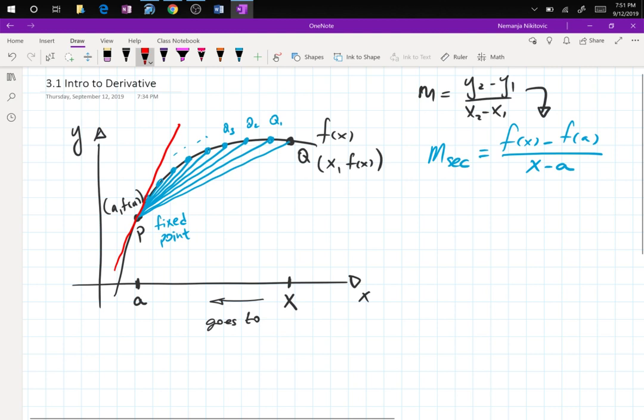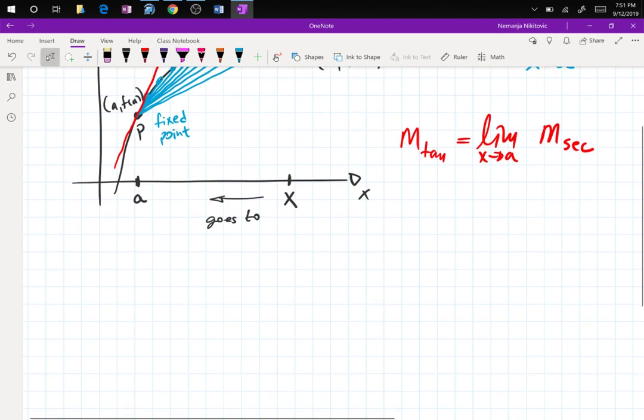As the blue lines move to the left, their final destination is the red. They can't go past that. So, to calculate the slope of the tangent line, you will say limit as x goes to a of the slope of the secant line.